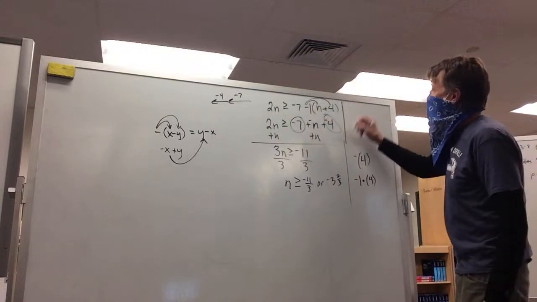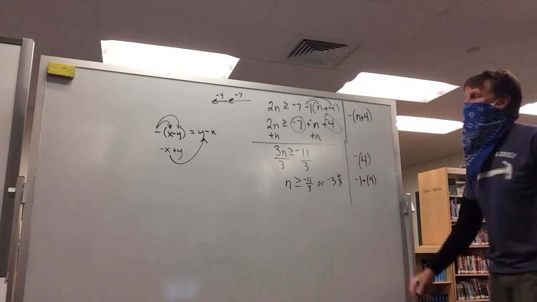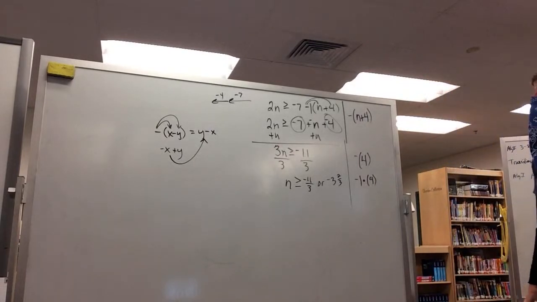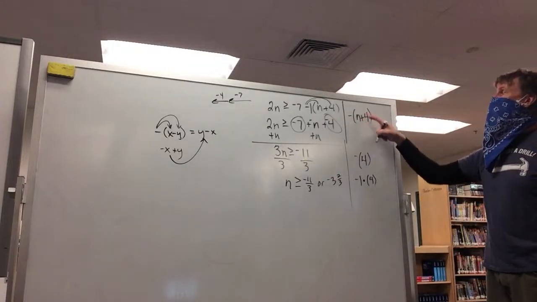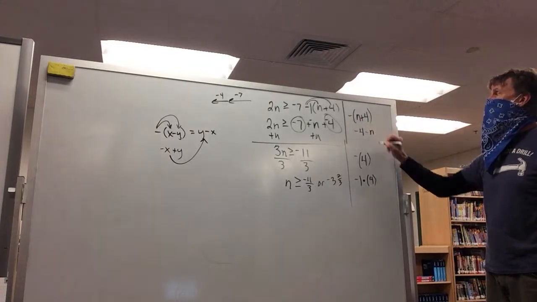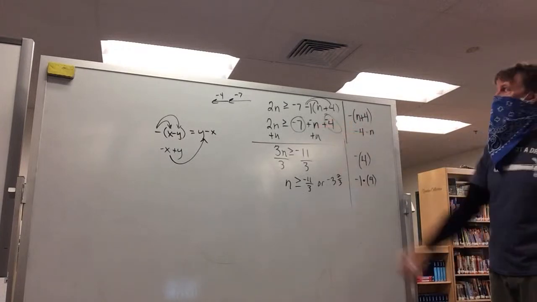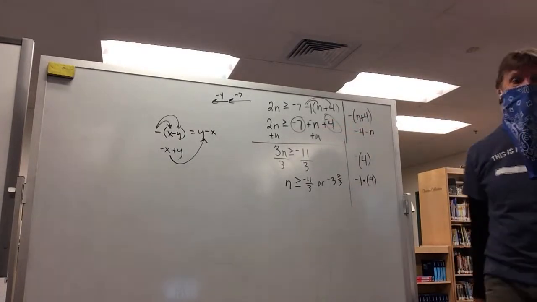If you had a negative n plus 4, you could think of it as negative n and negative 4, but you could also write it as negative 4 minus n. And that's what that is showing us over there. It's a very similar type of pattern.